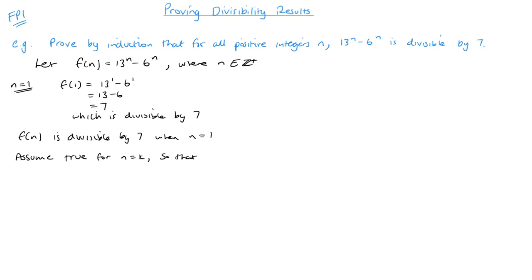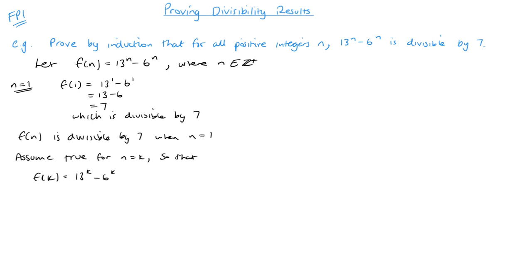And then we're going to show it's true for k plus 1. And then when k is 1, we've shown it's true for k equals 2, and so on. Right, where was I? So f of k is 13 to the power k minus 6 to the power k.